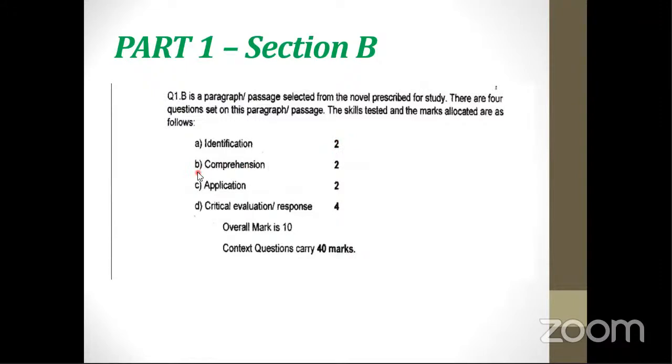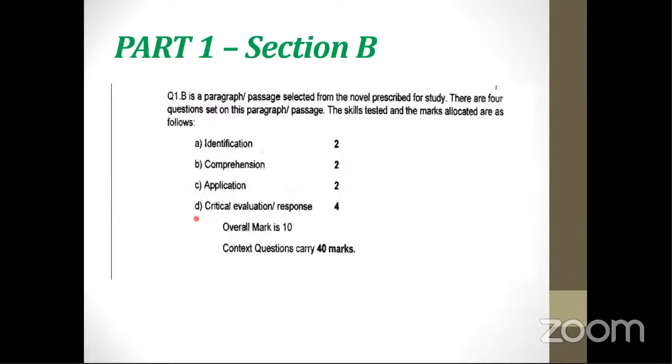You have to understand the relationship within the given text. And of course, A and B, you can answer very easily and score 4 marks without much difficulty. And then C, application. Whatever knowledge you have acquired during 2 years of study, you have to apply here and write with confidence and understanding.